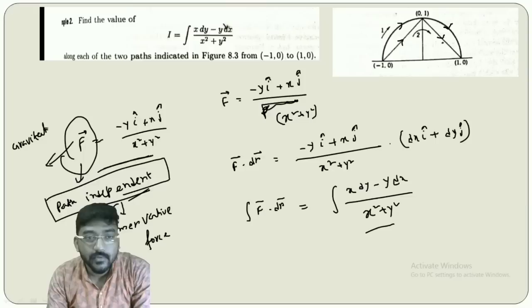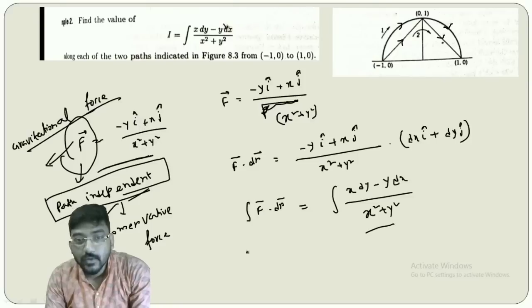For gravitational force the work done is always path independent. Electrostatic force also behaves the same way. But whenever there is a frictional force or a viscous force, the work done will be path dependent.